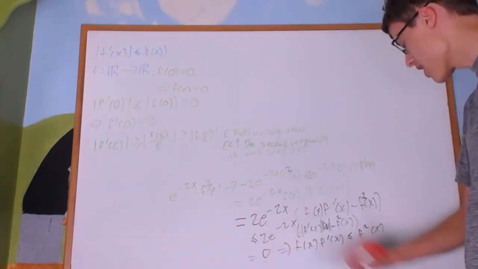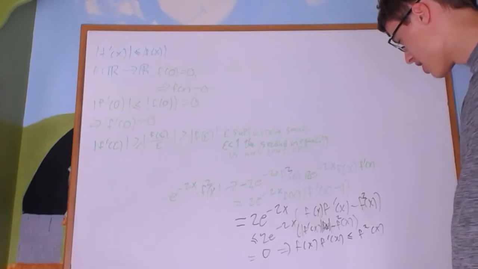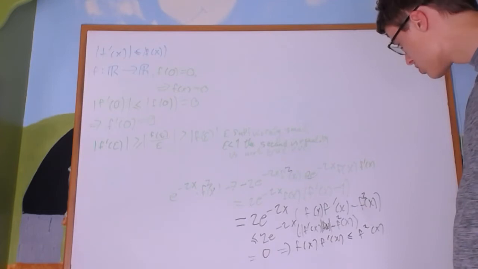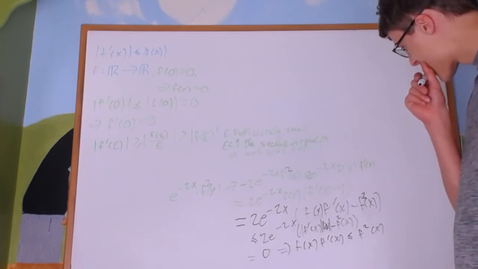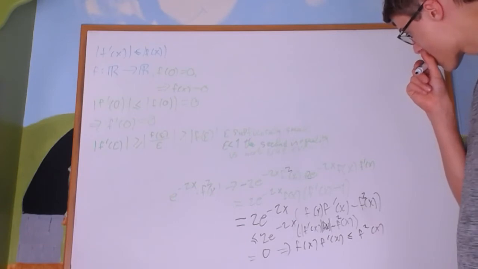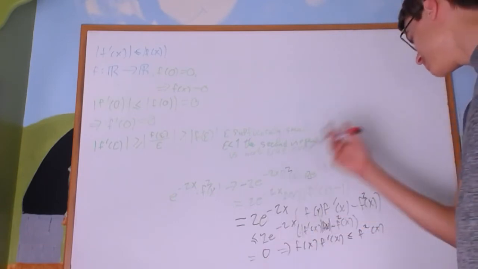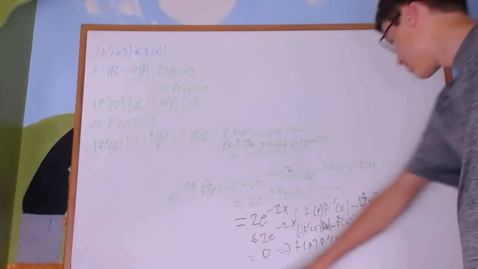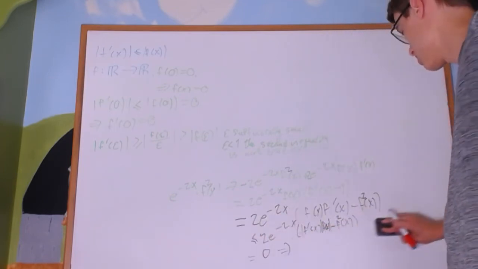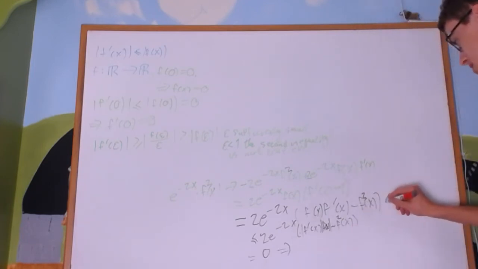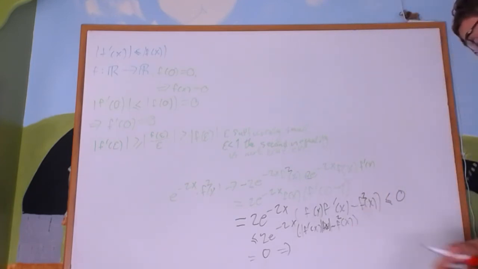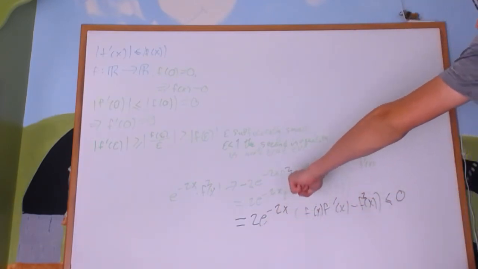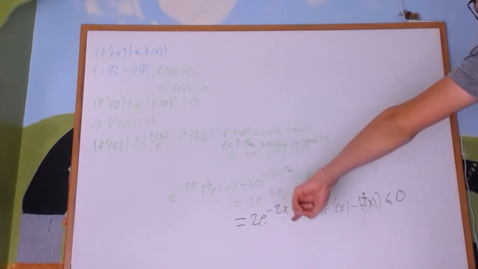So f prime of x there. How do you do that? You get that this is less than or equal to 0. Alright, so you get that this is decreasing everywhere. But this little section is always bigger than or equal to 0.